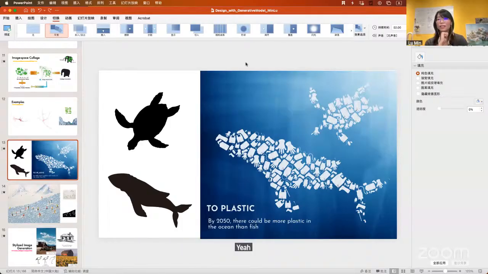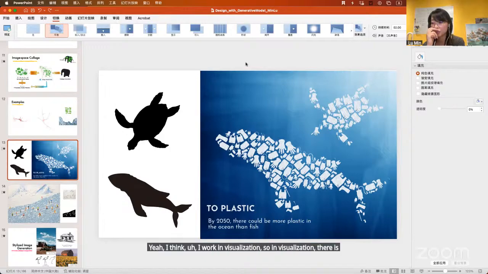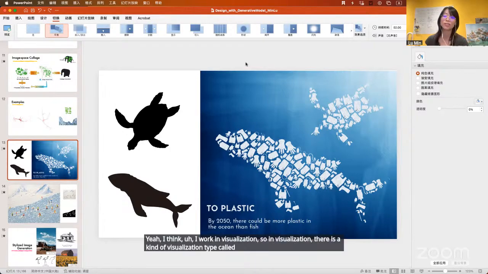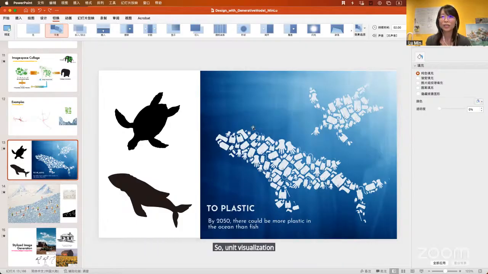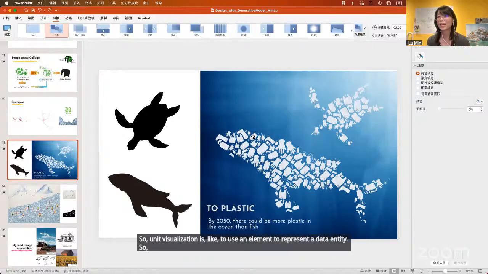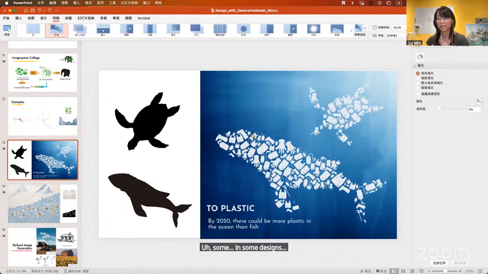I work in visualization. In visualization, there is a type called unit visualization, which uses an element to represent a data entity. In that kind of visualization, overlap is sometimes a desired design.